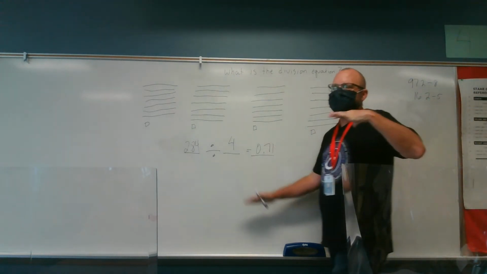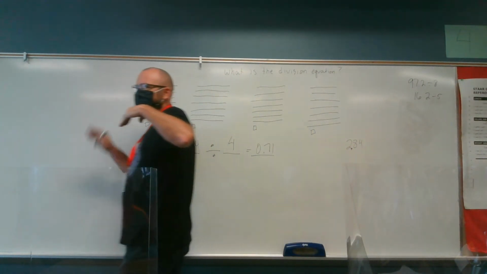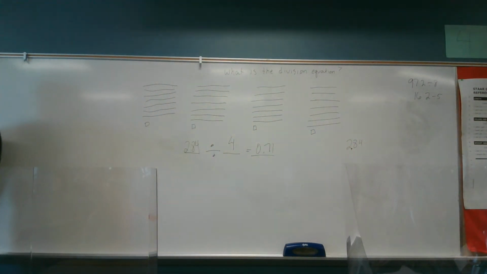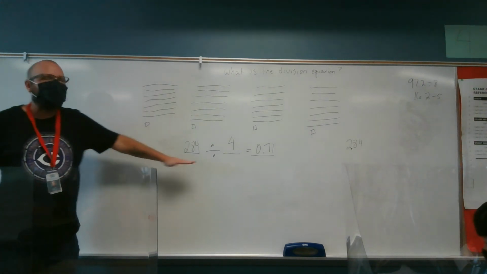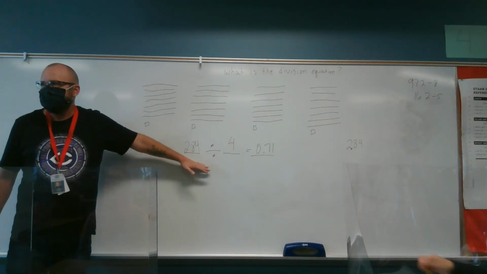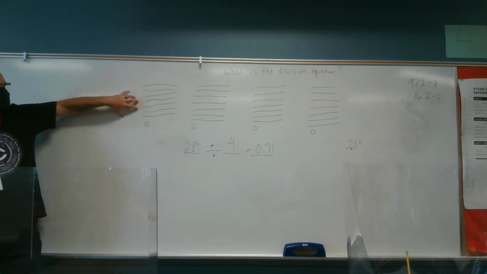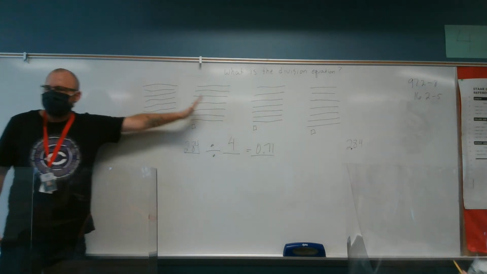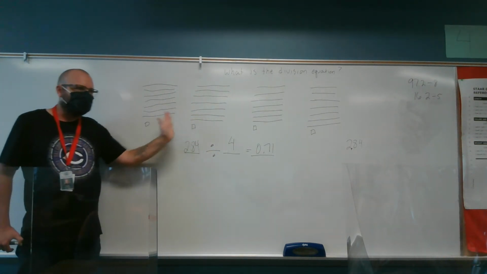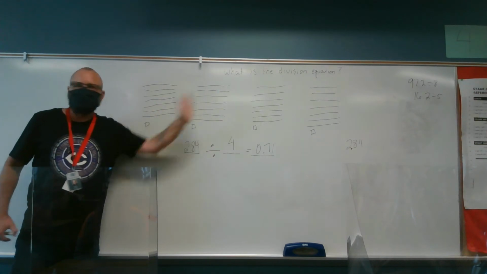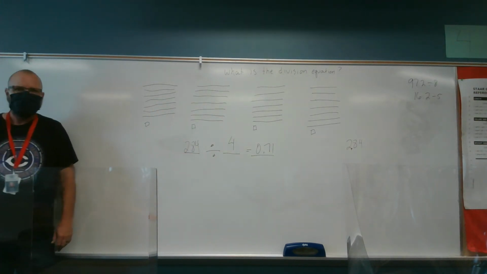A lot of you, when I saw the equations, were not doing that. You were taking this and thinking that's what was being divided. That's what your quotient is. That's the answer to the division. So when you see a picture like this, the groups are easy. You could all tell that it was being divided by 4.